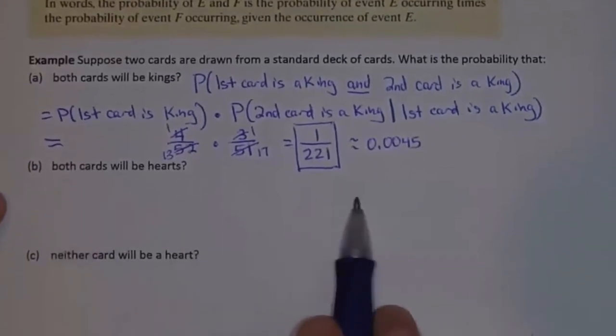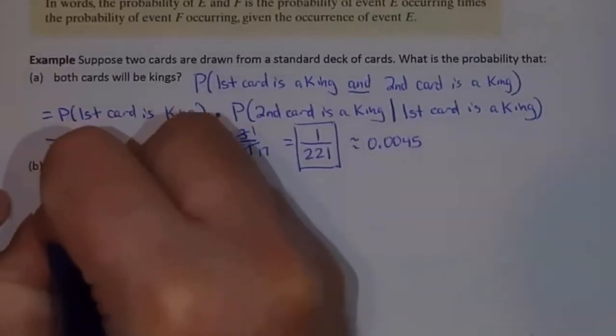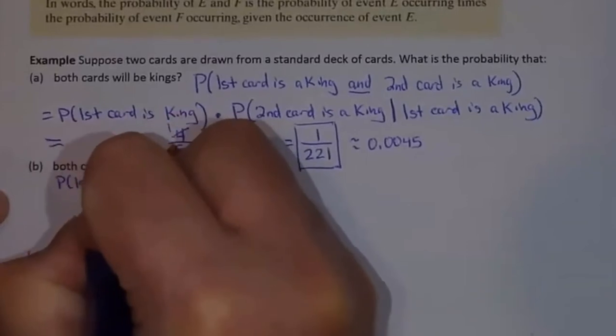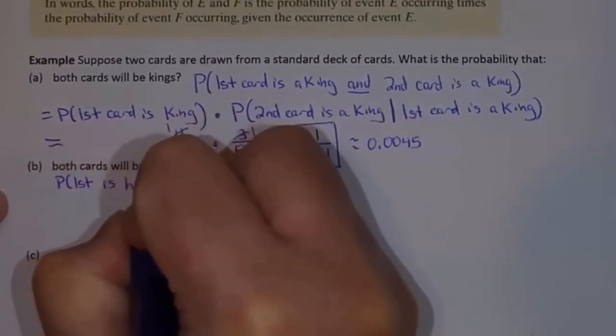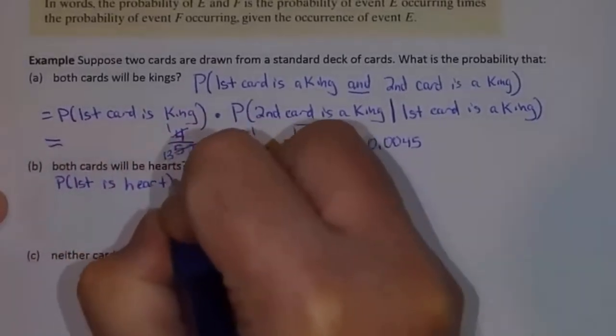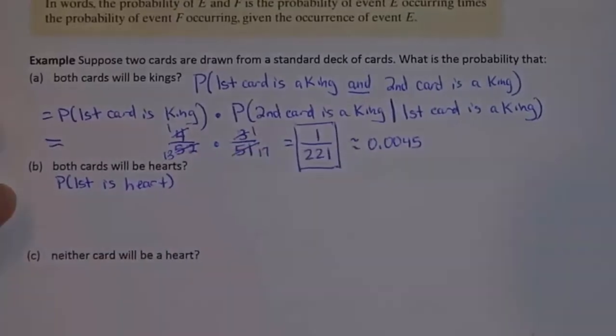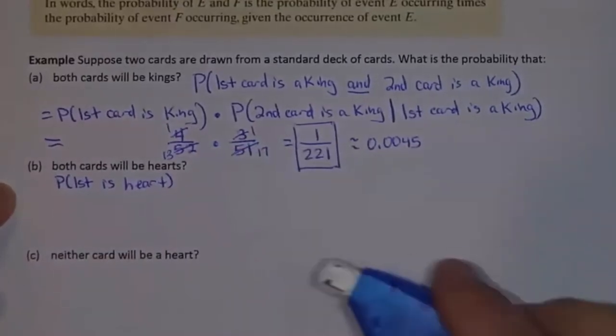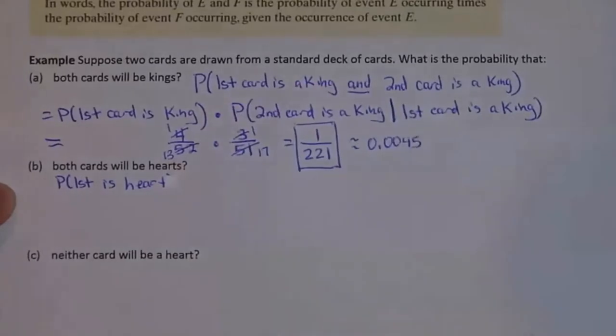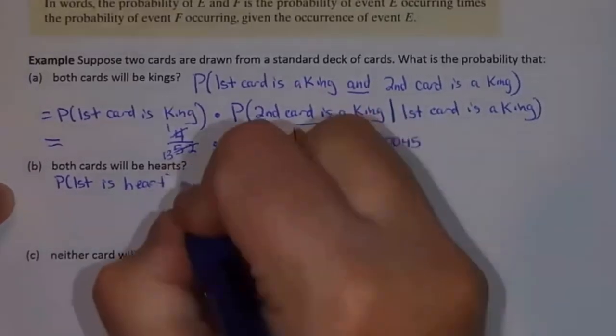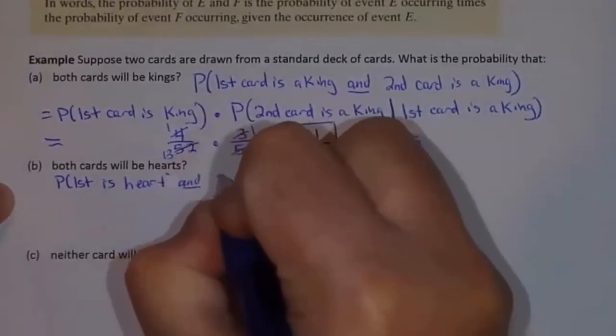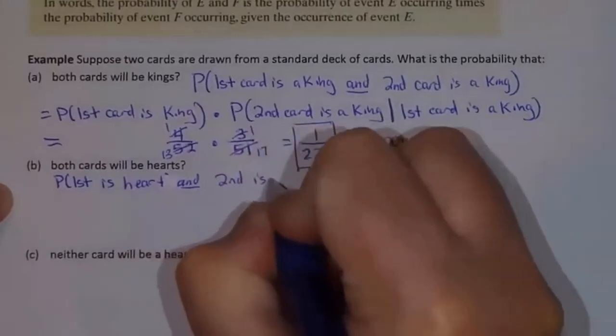Second question, what's the probability both cards will be hearts? So we're going to look at the probability that the first card is a heart. So what's the probability the first card's a heart and the second card is a heart?